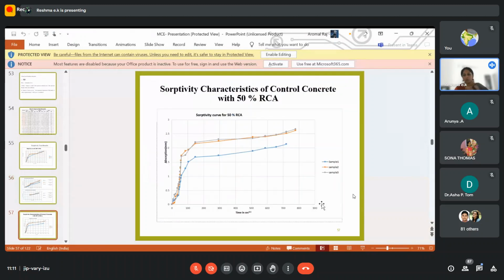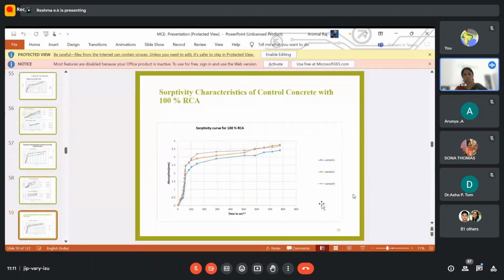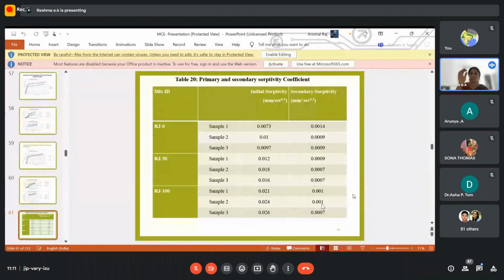This is for 50%, this is for 100%, similarly done for all the data, and then got this initial sorptivity and secondary sorptivity. When I'm comparing, it is very obvious that initial sorptivity will always be more, and secondary sorptivity will be comparatively less.